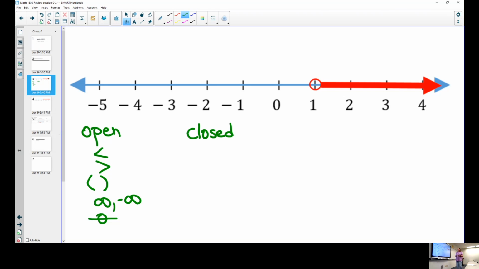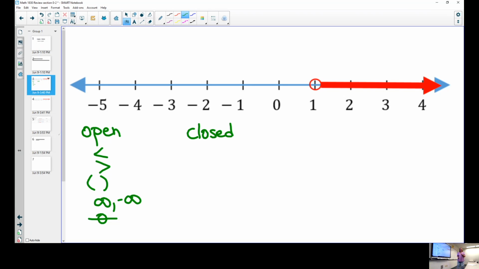We can get to 1.1, and then we can get to 1.01, then 1.001, 1.00001, 4 zeros then a 1, 5 zeros then a 1, 6 zeros then a 1, but it remains open because there is never an end.